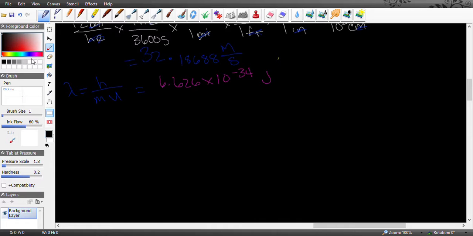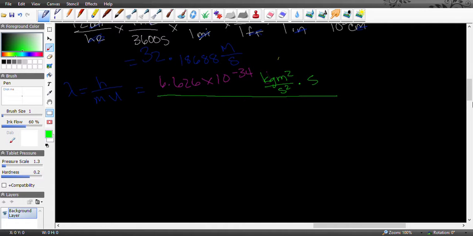Instead of writing joules seconds, I'm going to write it the other way, which is kilograms meters squared over seconds squared times seconds. There's Planck's constant.